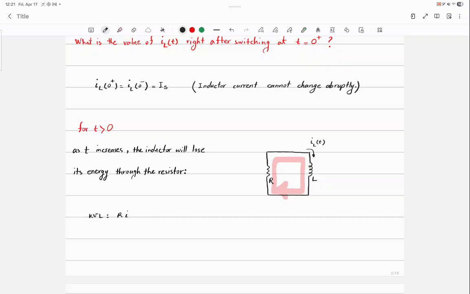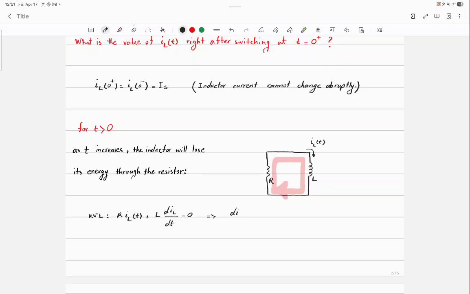R IL(t) plus, what's the voltage across the inductor? L dIL over dt equal to 0. Just rearrange the equation.